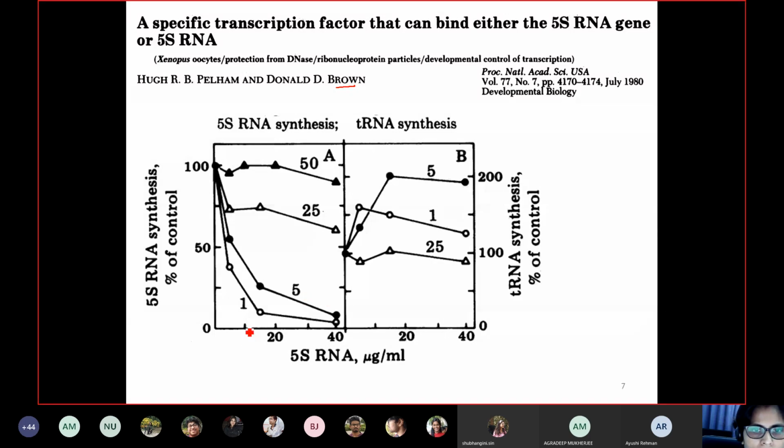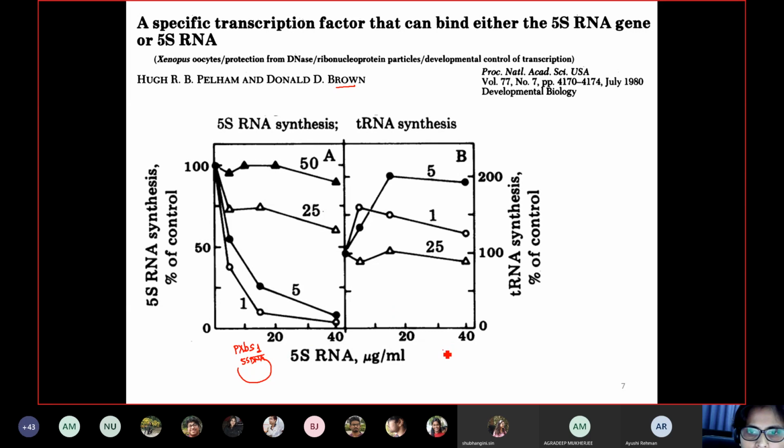For example, in this case, you have a plasmid coming from frog, and this is coming from somatic cells. So this is for 5S DNA in the plasmid, and they wanted to show with the help of in vitro transcription assays how much 5S RNA is produced.